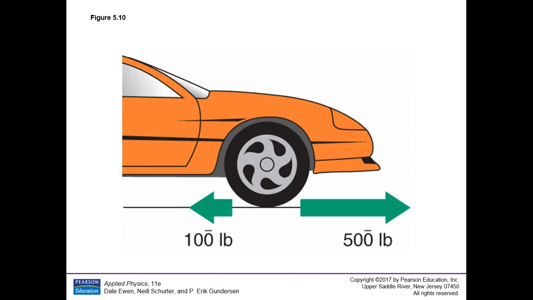What applies this force? You might think it's the tires exerting the force on the automobile, but it's really the road exerting a force on the tire. As long as the tire's not spinning, when it's moving, the road keeps it from slipping and pushes the car forward.